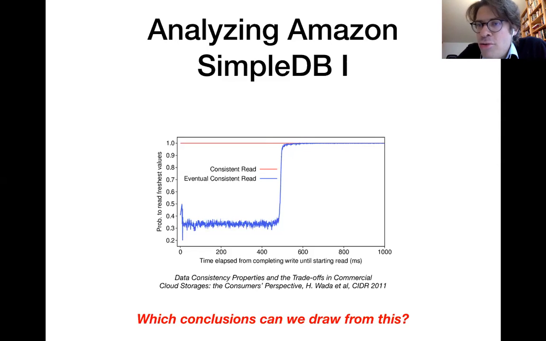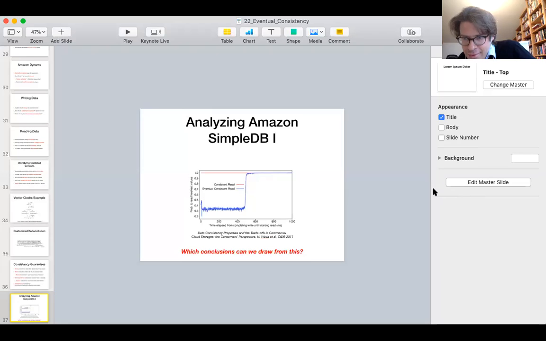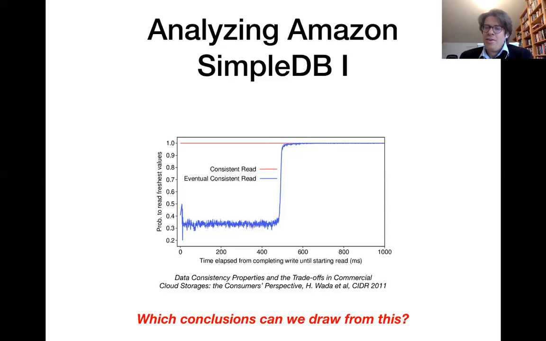What do you make of that? What do you think the system is looking like? Okay, very good. So after half a second, the central coordinator looks for the most updated version and sends updates to all nodes.